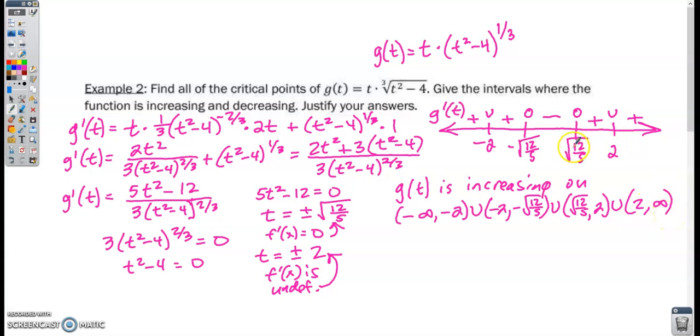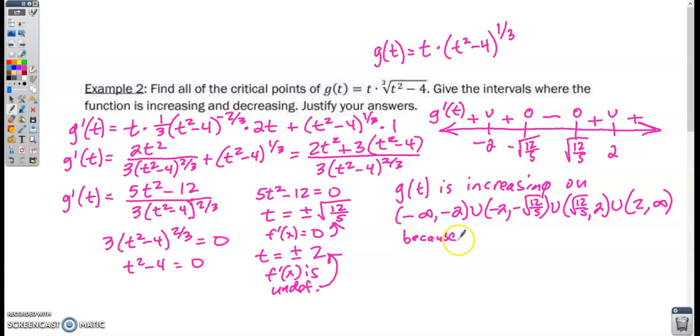At all of these points where the derivative goes undefined, let's look at the original function in a second and we'll see how it ties in.